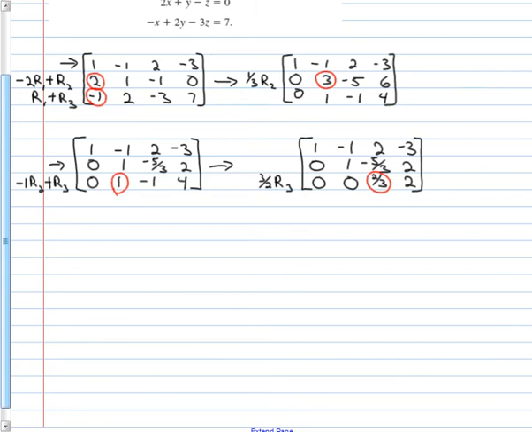First row, 1, negative 1, 2, negative 3. 0, 1, negative 5/3, 2. Last row times 3 over 2, we'll multiply by 0, you still get 0. 3 over 2 times 2 over 3 is 1. 3 over 2 times 2? 3. There is the row echelon form that we just made.